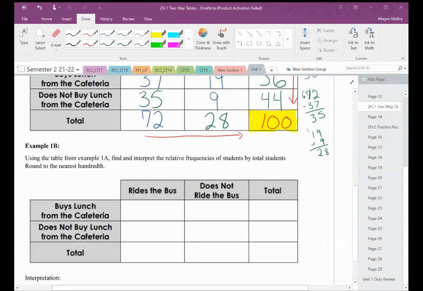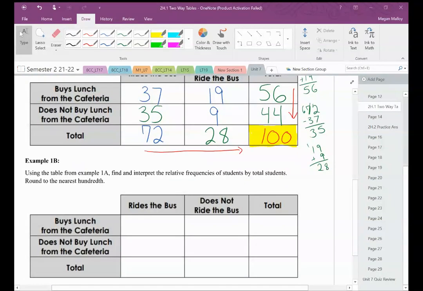Now, to find the relative frequency, which helps us interpret to see if we have any relationships, I need to identify the fractions of the values that I have.